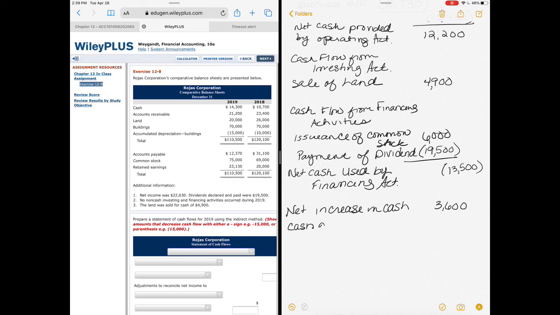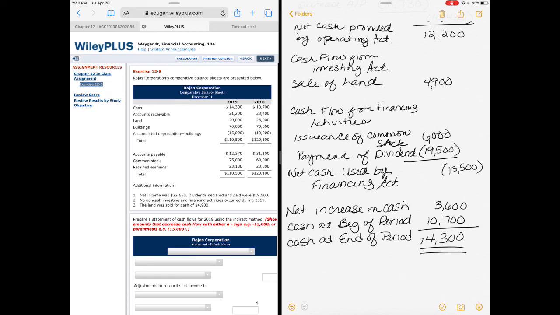I could look at the cash at the beginning of the period, which they give to me, is $10,700. And if I add those 2 together, it should equal my cash at the end of the period. And hopefully it does. 2,300. And I check, that is my cash at the end of the period. So that means I must have done it all right and I have everything included.